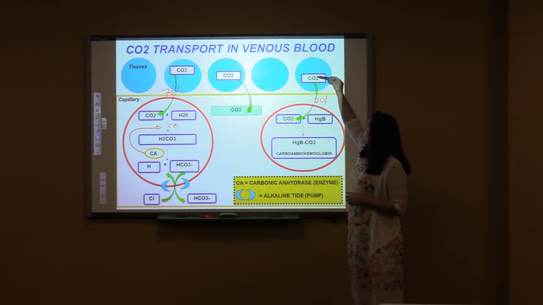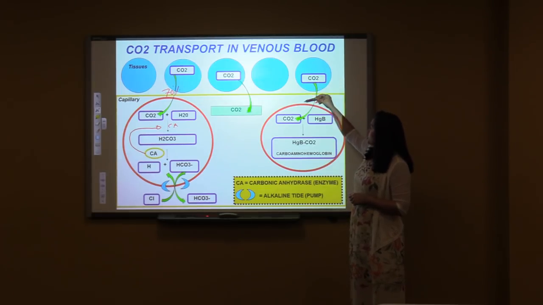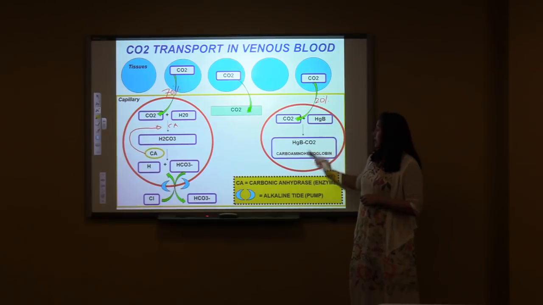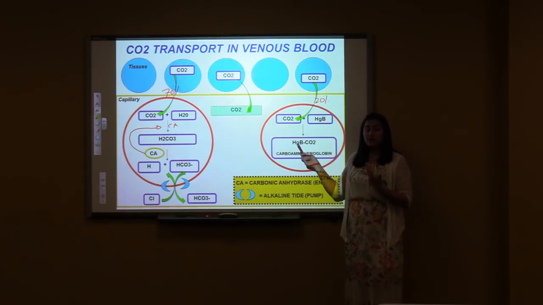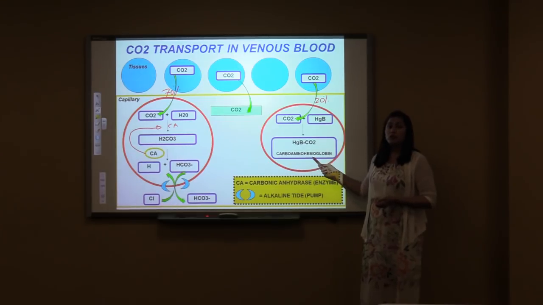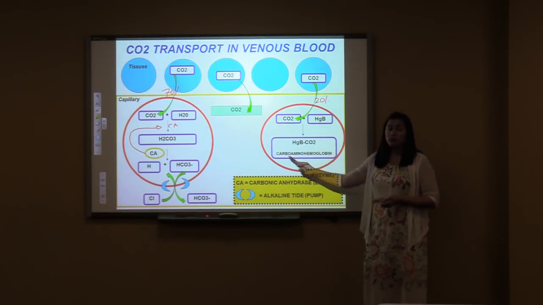20% of CO2 will diffuse out of our tissues, enter a red blood cell within the capillary, and bind with hemoglobin. When carbon dioxide is bound to hemoglobin, it's called carboaminohemoglobin.